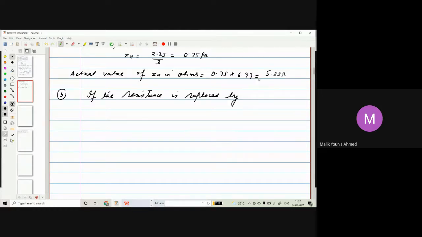replaced by, sorry, not resistance, reactance. If the reactance is replaced by resistance, then what is going to happen?